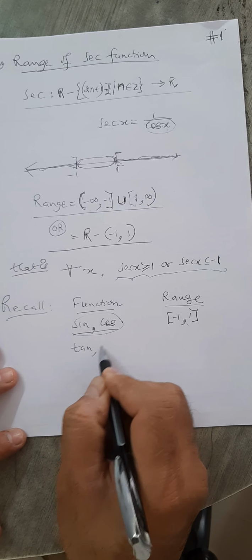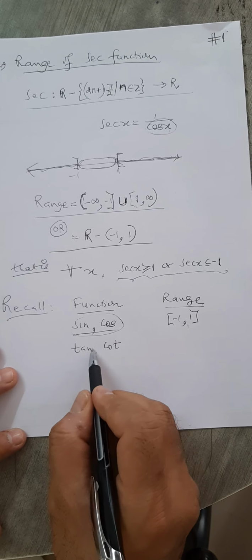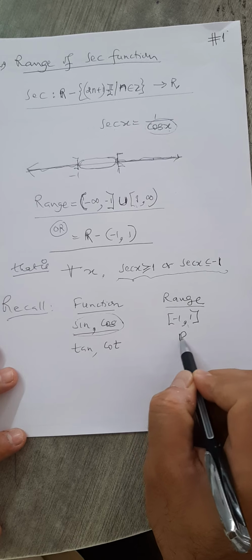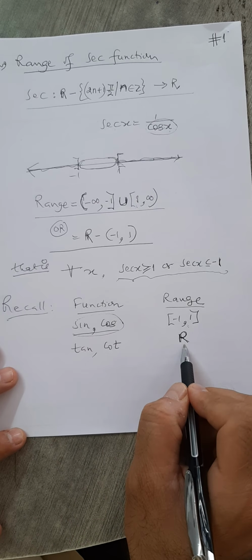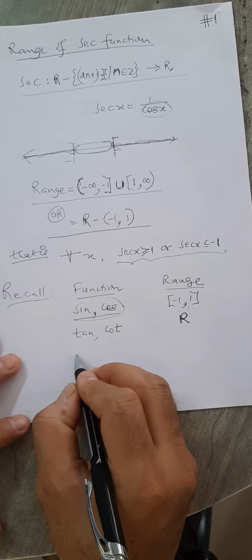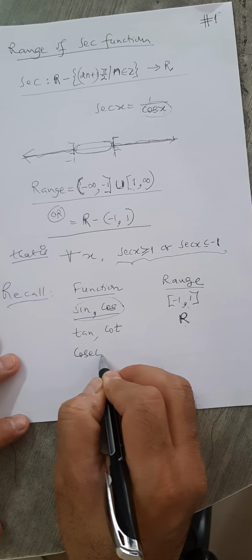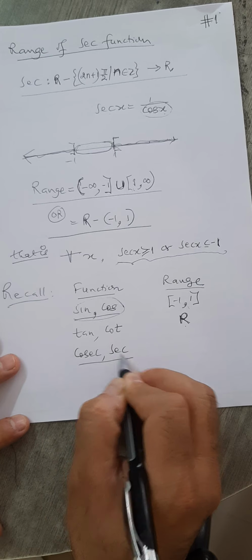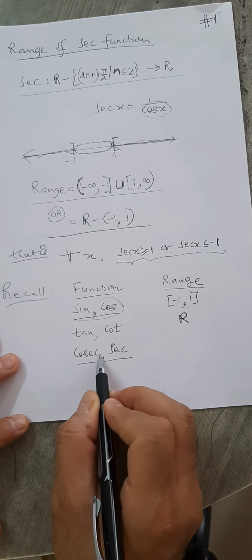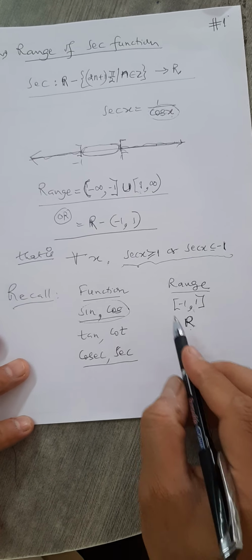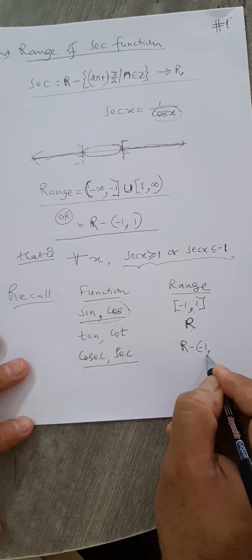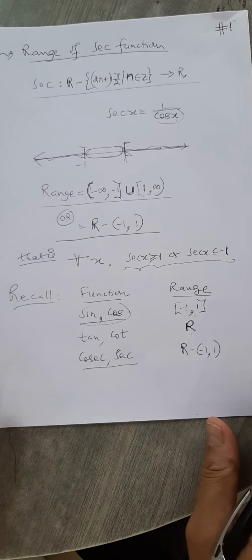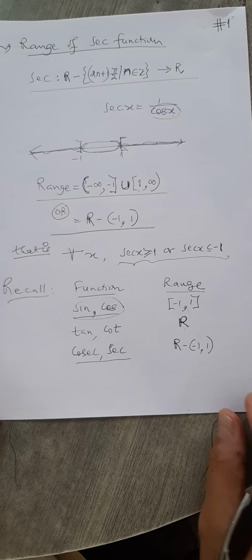For tan and cot, for every angle x, values can be any real number, so the range of tan and cot is all real numbers. For cosec and sec, the range is R minus the open interval -1 to 1.